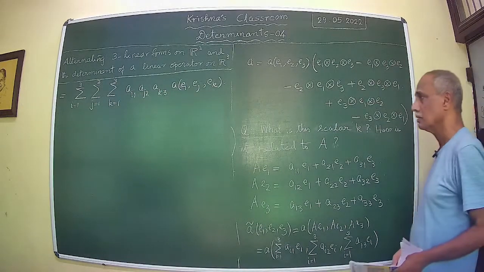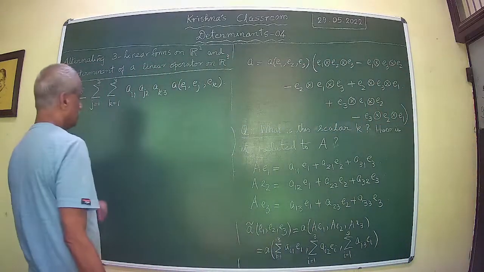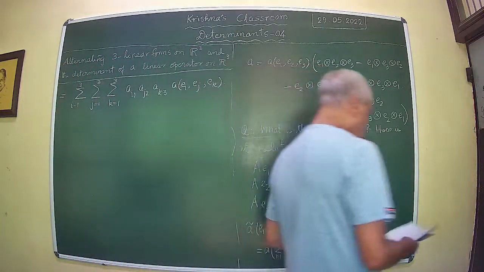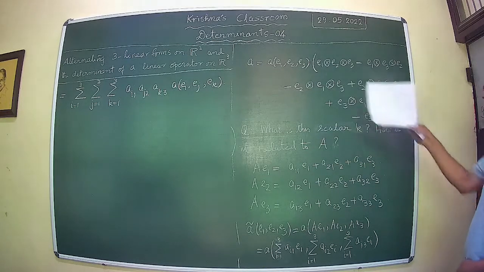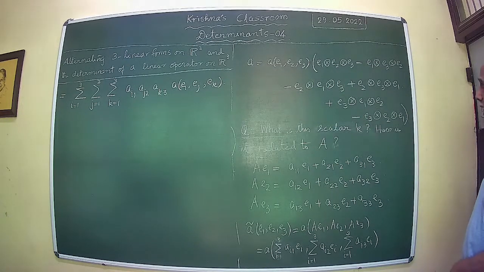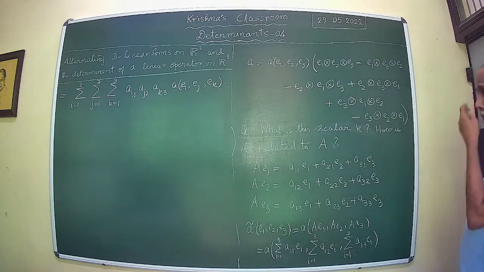Okay. So you got all the terms coming out from this, right? Out of which now you look at this term. So look at the expression for A. A is of the form A of E1, E2, E3 multiplied by all these numbers.